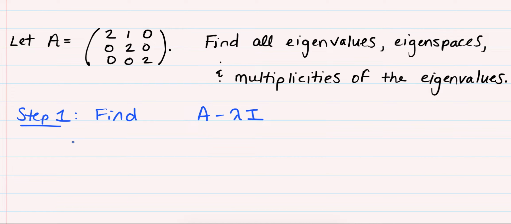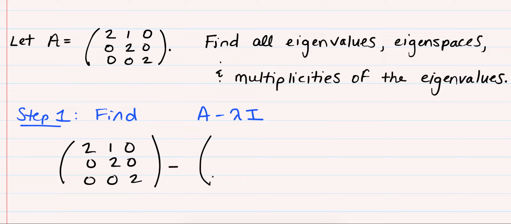Okay? So we're taking 2, 1, 0. Maybe I should do this in a different color. Let's keep it in black so we can put our steps in blue. So 2, 1, 0, 0, 2, 0, 0, 0, 2. I want to subtract lambda times the identity. I'm going to write this in a lot of detail the first time we do it, and then in the future, less detail.